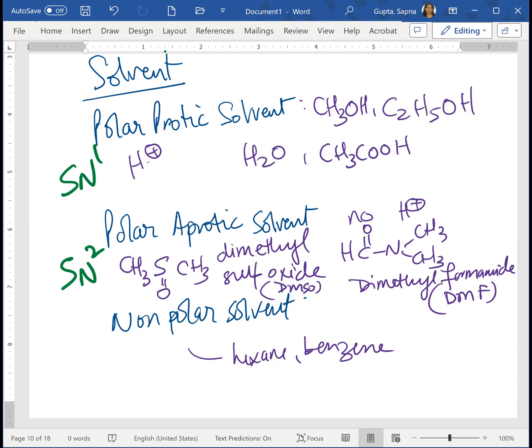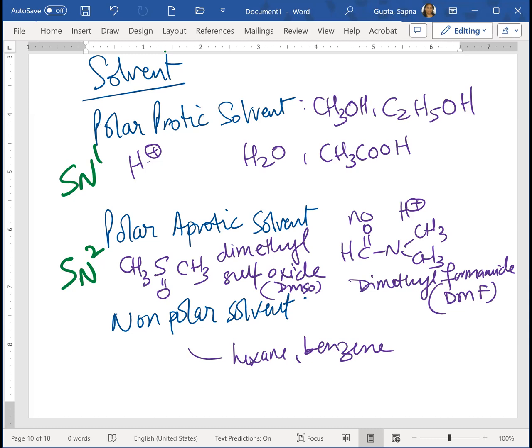Generally, we don't use the non-polar solvents as much. And that's all I need you to know about the solvent, okay? Klein goes a little bit more into detail. I don't want you to get bogged down with all the details. Just remember that polar protic solvents will support SN1 and polar aprotic will support SN2.